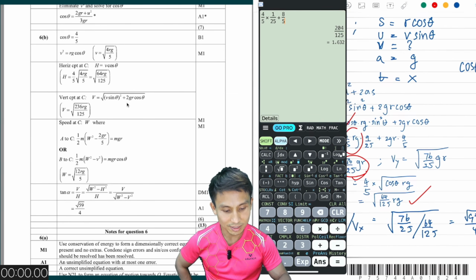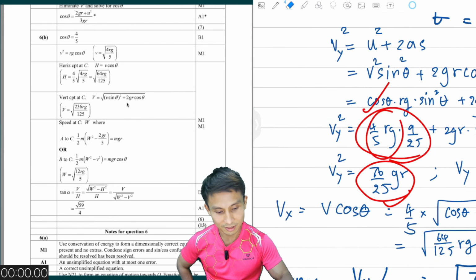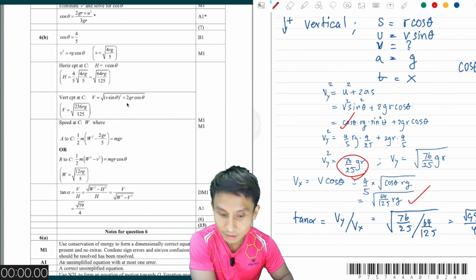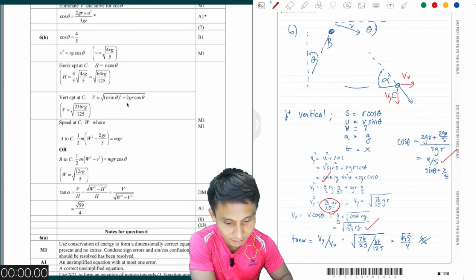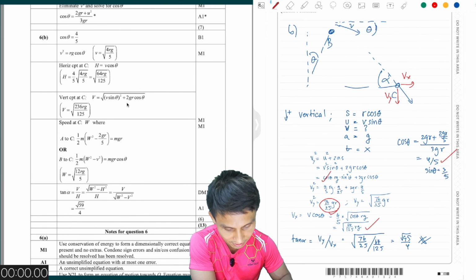Okay. So I think it's something to do with this term. Yeah, definitely. That term is wrong. So yeah, V sine theta squared there, where V is just the speed. V was root 4RG. I think I used that, didn't I?